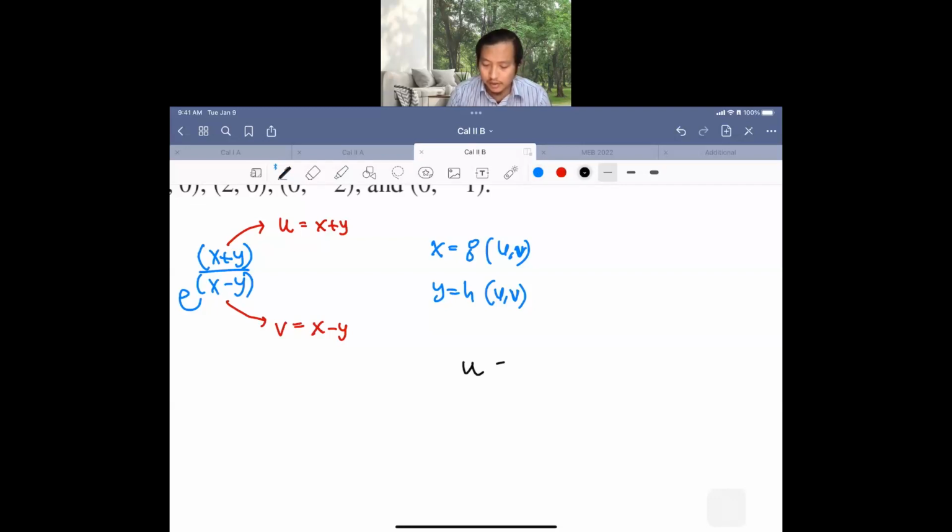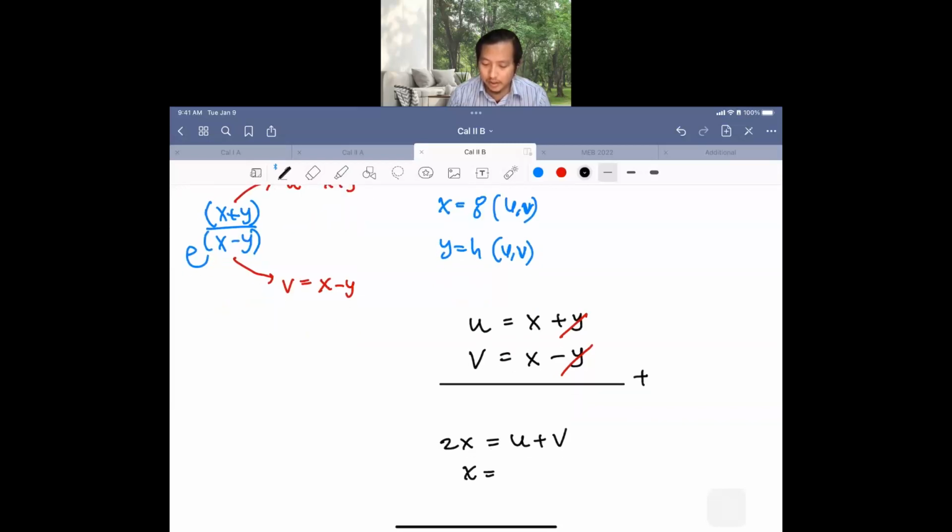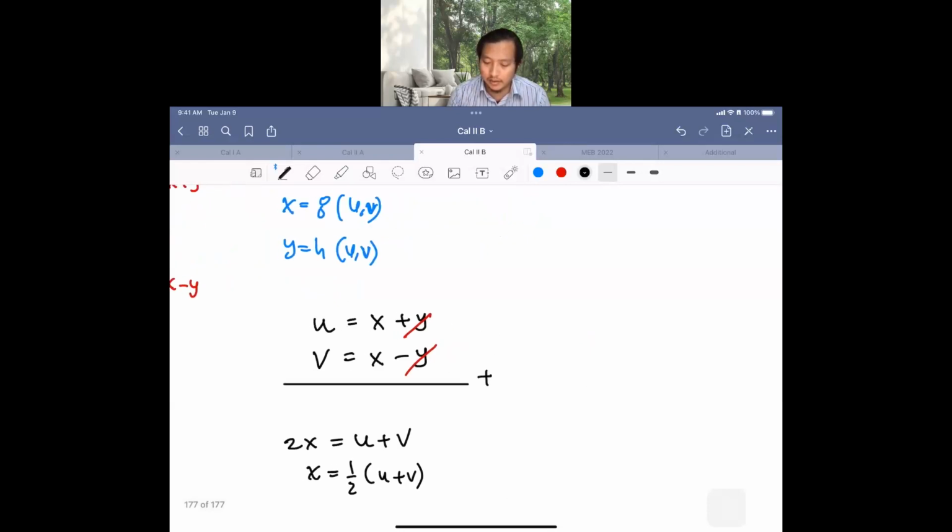So u equals x plus y, and v is x minus y. First, let's just add so that the y will be cancelled, right? So we have 2x equals u plus v, or x is half of u plus v, right? And then another way, we could cancel the x.